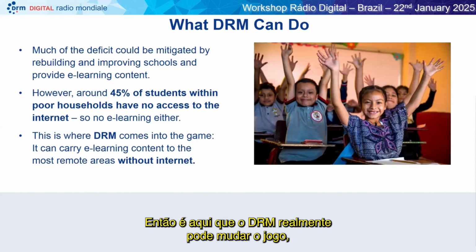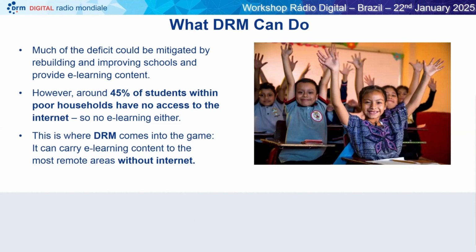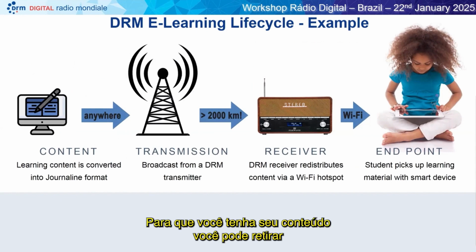So this is where DRM really can be a game changer, because it can cover those regions that are not covered by the internet. Have a look at what the life cycle of a signal could be. You have your content, which you can take from existing e-learning solutions.